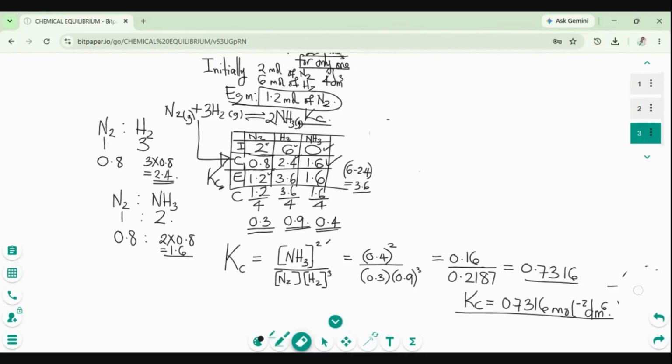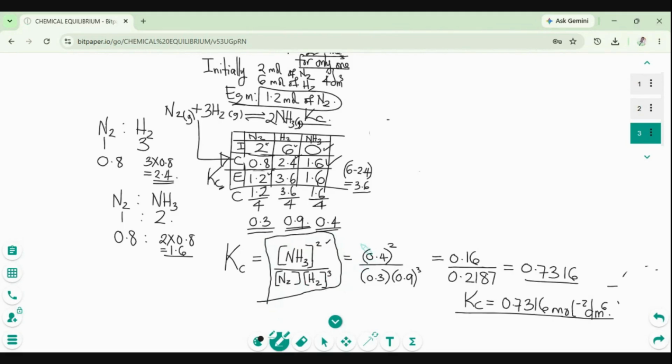So for now, I'm looking for the concentration equilibrium constant. So you'll notice that when I do that, I first wrote the formula, which is right here. This is my formula.